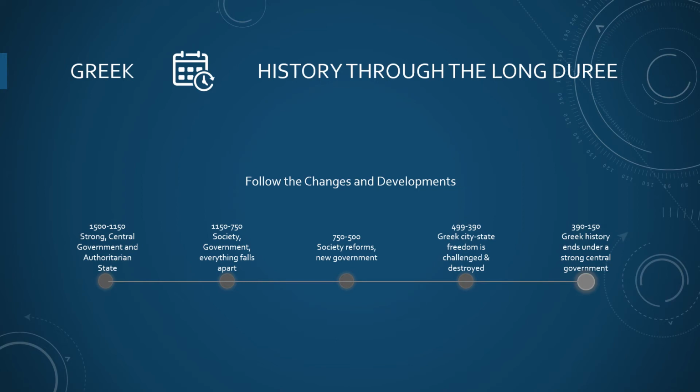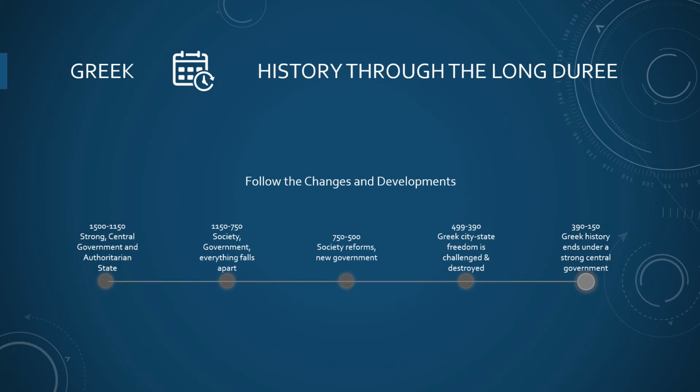Now in 499 through 390, that is going to be increasingly destroyed, broken down. And then finally a trend by 390 and definitely 150 is that Greek history ends, and it ends under a strong central government.